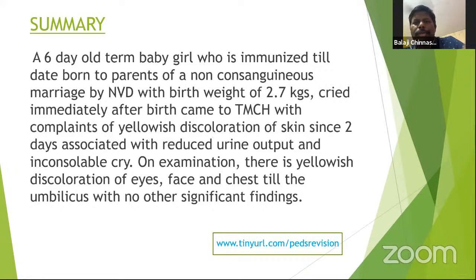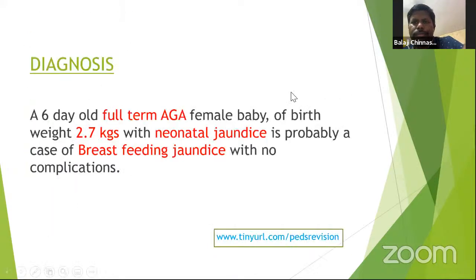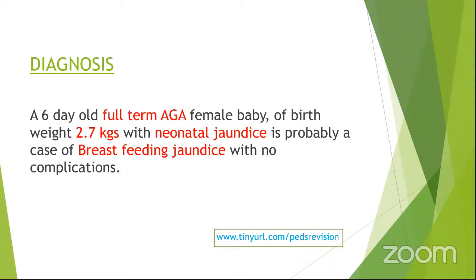Okay. So final diagnosis, tell us. So diagnosis, ma'am. No, I think the mode of delivery was not added in this. 6-day-old full term AGA female, birth weight, with normal vaginal delivery and immediately cried after birth.